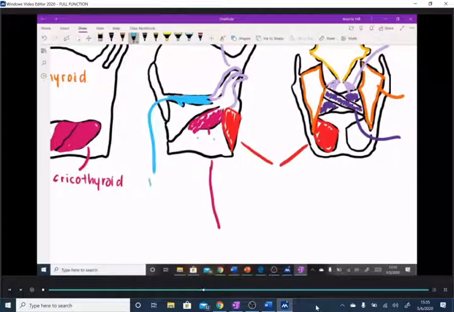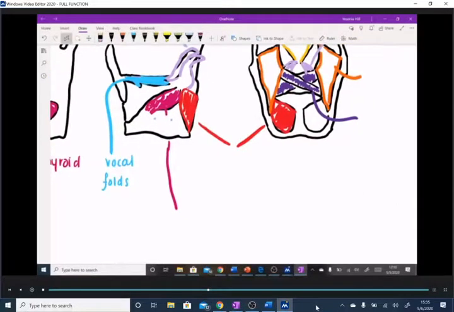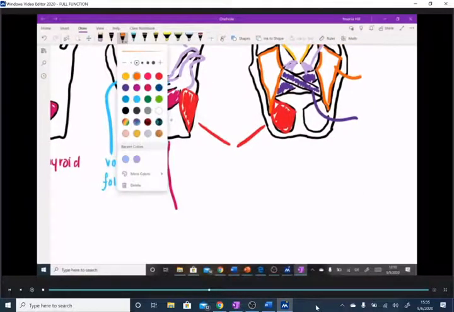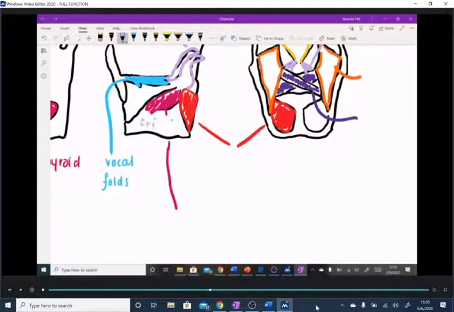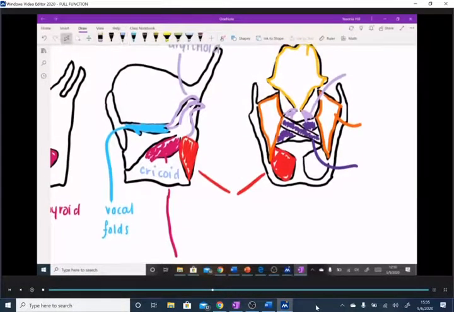So in the light blue, there's the vocal folds, which is something I'll talk about as a clinical case later. Then we have, again, a cricoid and thyroid muscle in the lateral cutaway. And a new type of ligament here is the arytenoid ligament.